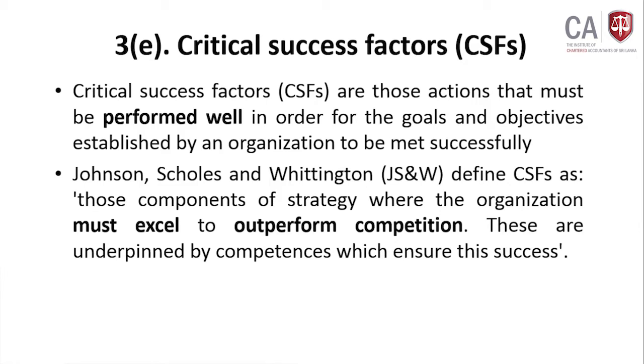Critical success factors are those actions that must be performed well in order for the goals and objectives established by an organization to be met successfully. That is one of the definitions given.